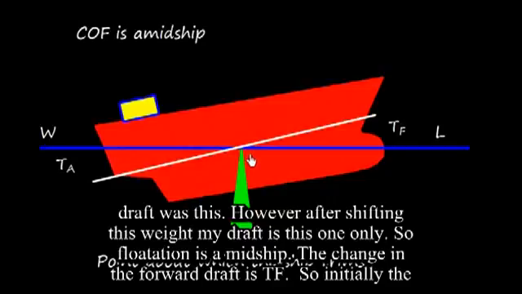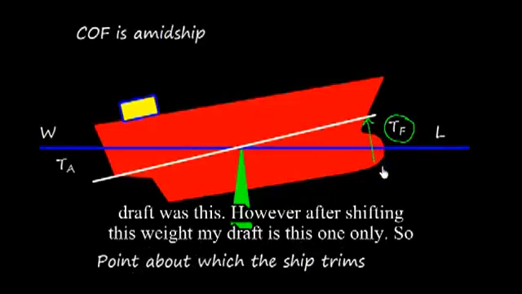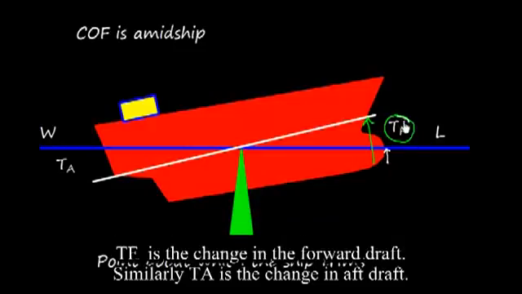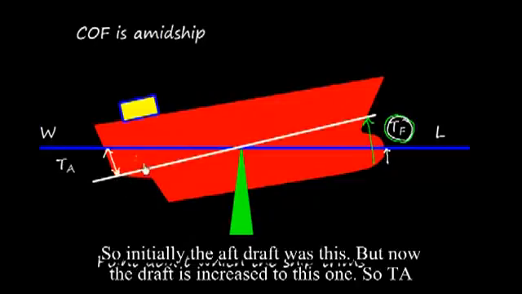Since the center of flotation is amidship, the change in the forward draft is TF. So initially the draft was this. However, after shifting this weight, my draft is this one only. So TF is the change in the forward draft. Similarly, TA is the change in aft draft.